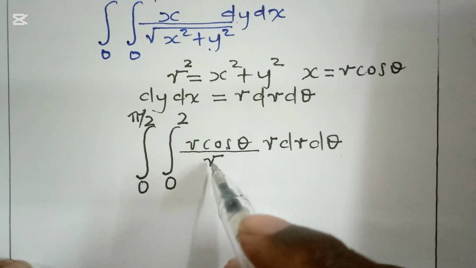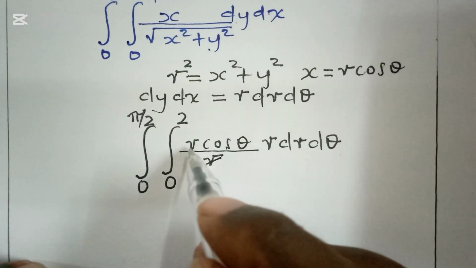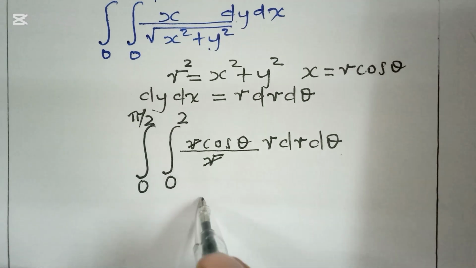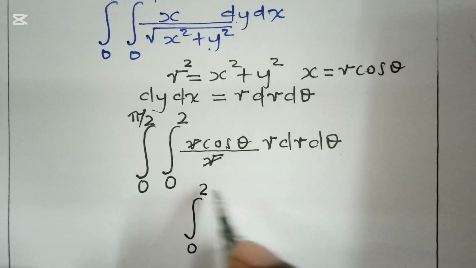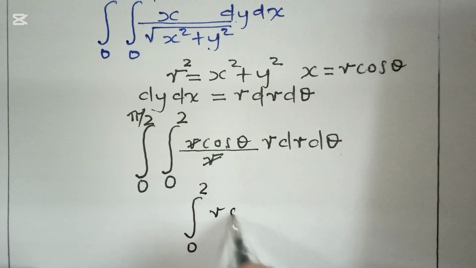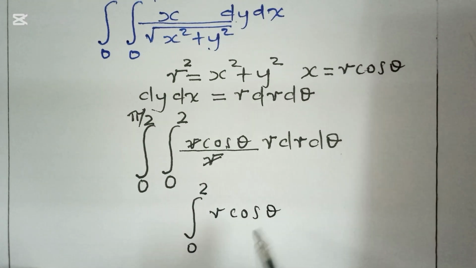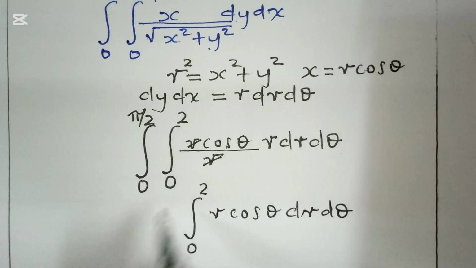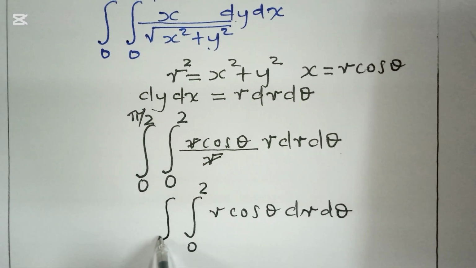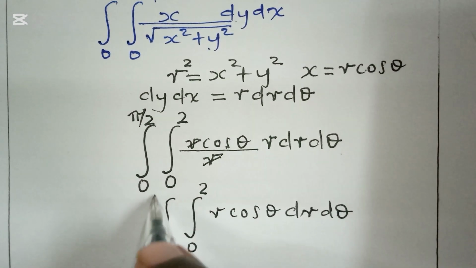So we can now cancel that and that. And so we are going to have, from 0 to 2, r cos theta dr d theta, then from 0 to pi over 2.